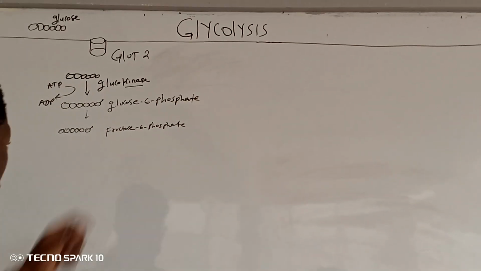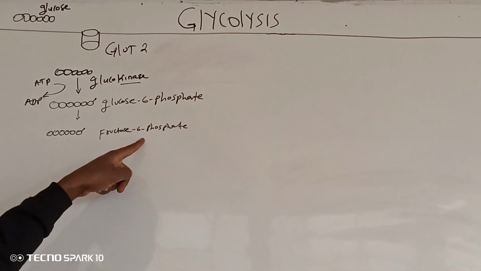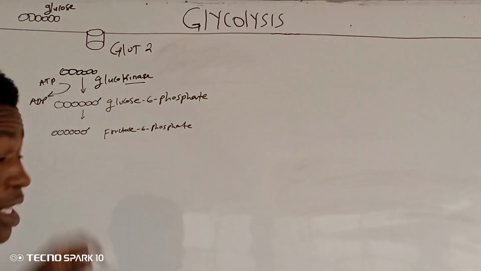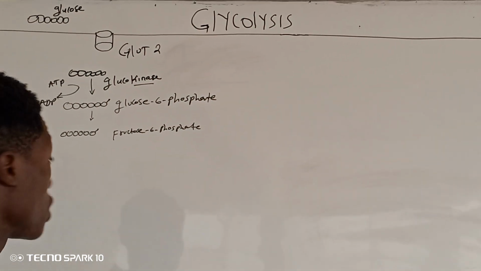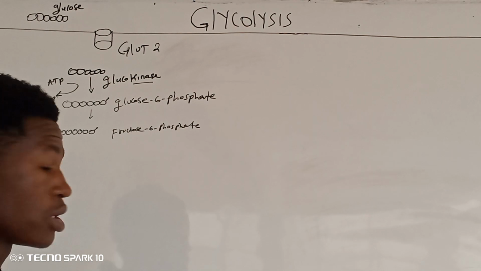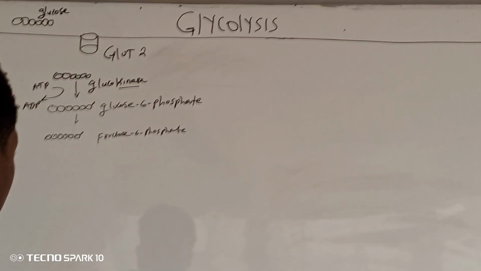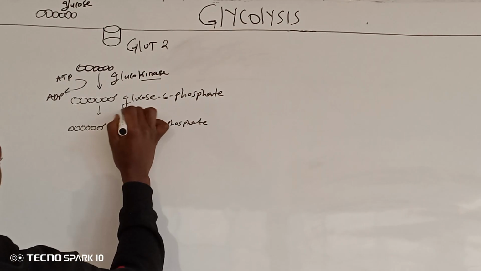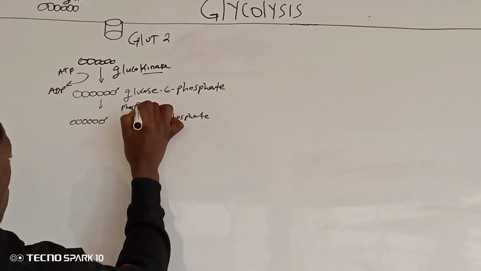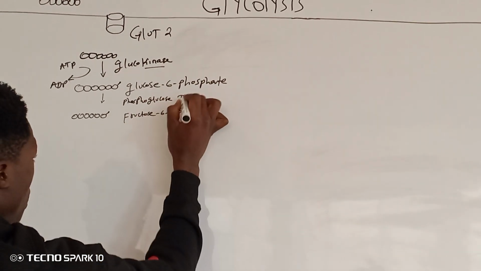Alright. Now, we have moved from glucose 6-phosphate to fructose 6-phosphate. The phosphate group is still at the same position, the 6th position. So what we have done is that we've just shuffled the position of those particular atoms so that we have the fructose 6-phosphate. So what is the name of this enzyme? This enzyme is going to be called phosphoglucose isomerase.